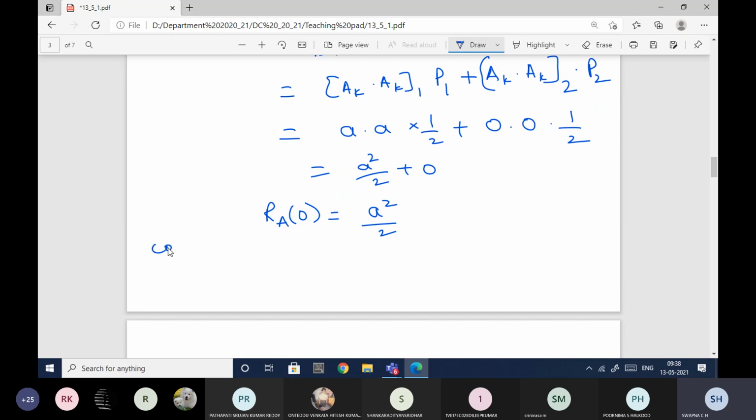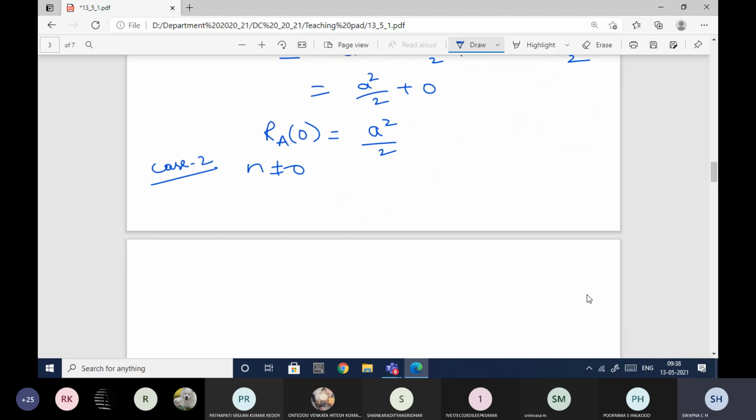Now let me go to case 2. Here I cannot calculate for n is equal to 1, n is equal to 2 like that. Instead, I'll just take some common strategy where n is not equal to 0. N not equal to 0 in the sense here RA of n will be the same.